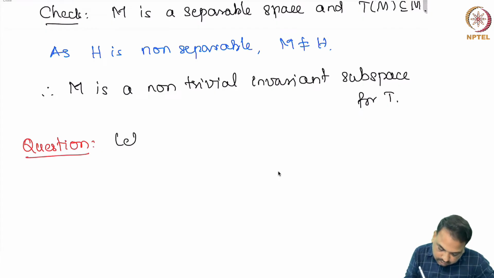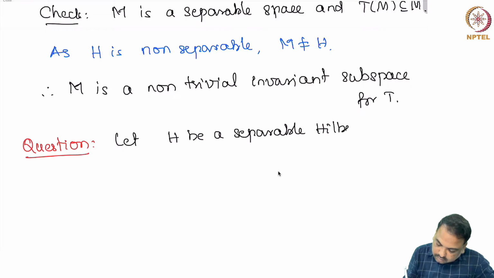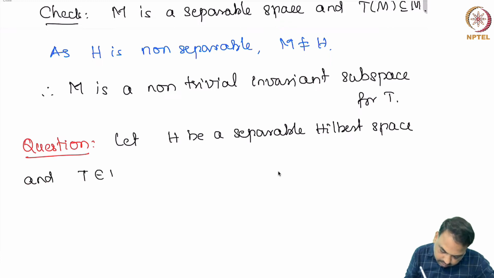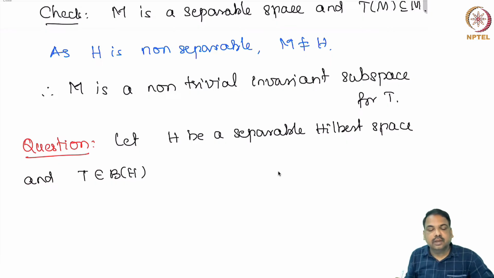Let H be a separable Hilbert space and T a bounded linear operator on H, which is not a scalar multiple of the identity operator, because for an identity operator every closed subspace is invariant.